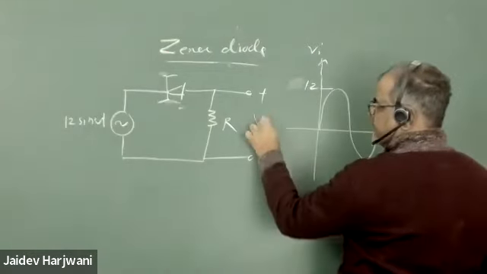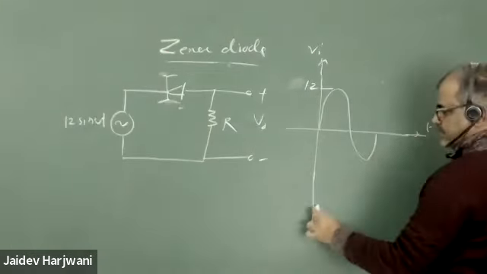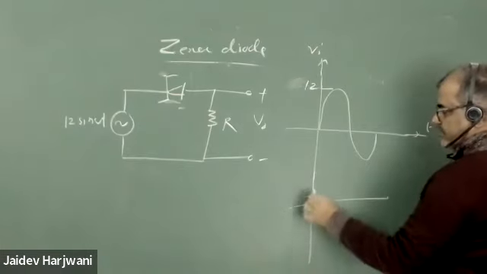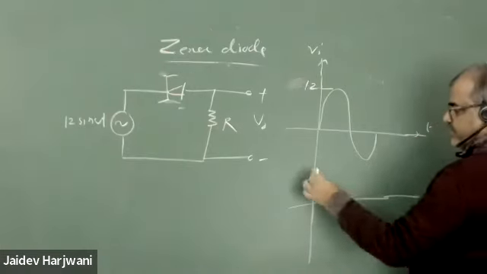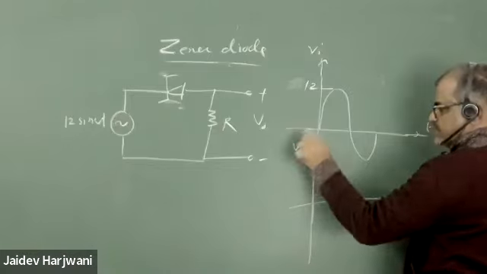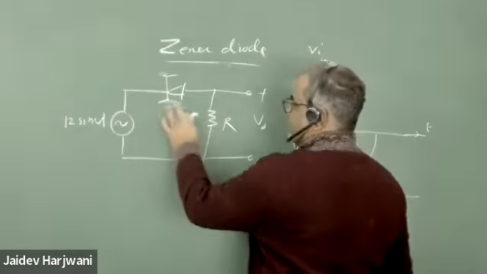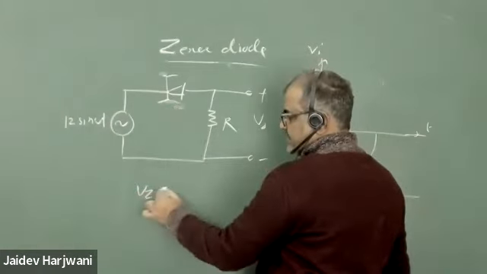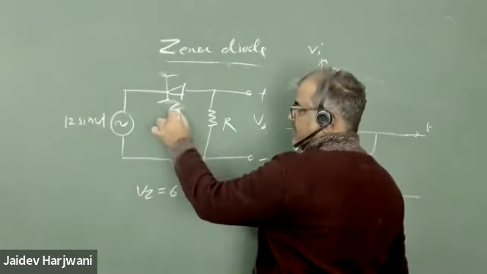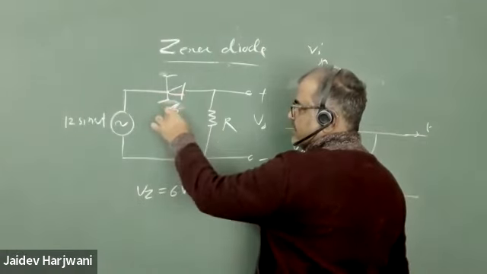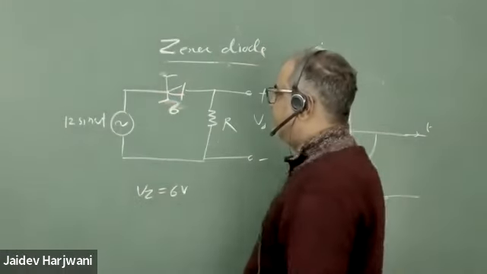Okay, and I am measuring V naught here. So you tell me what is the value of V naught in the circuit, and the VZ value for the Zener diode is given as 6 volt. So that means when it is 6 volt, you can replace it by a battery.